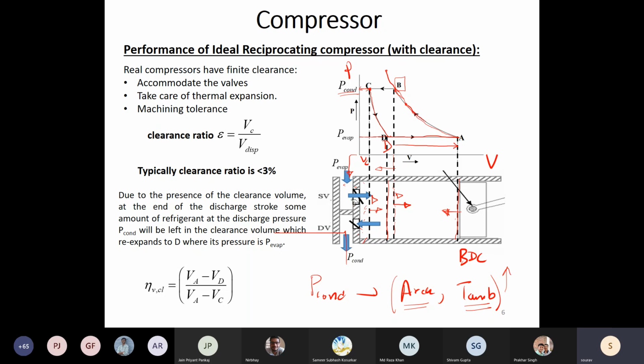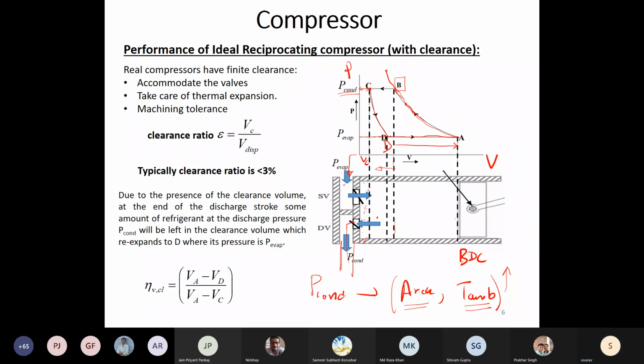There is no one sitting over here and no instrumentation telling that the valve should open at this moment or should not open at this moment. It is purely based on the differential pressure between the cylinder and the pressure in this line. Similarly, on the suction side, there is no one telling this valve to open.